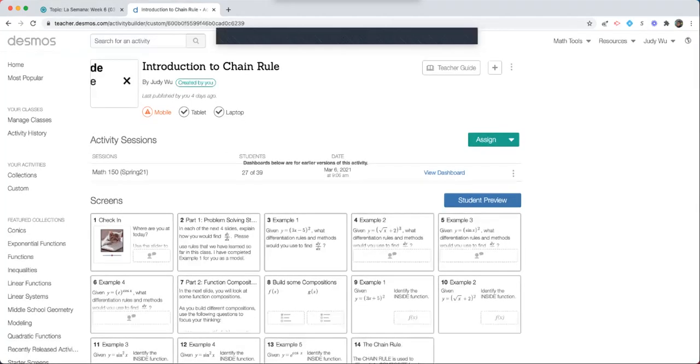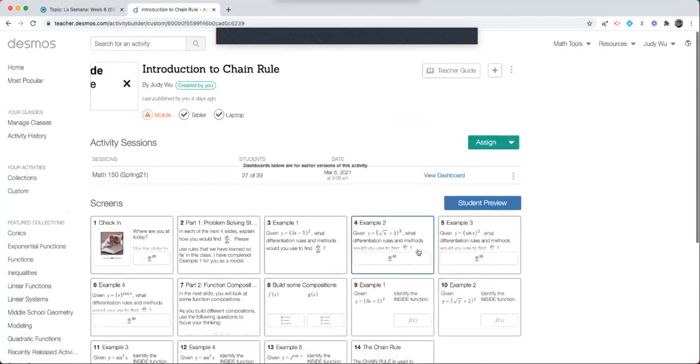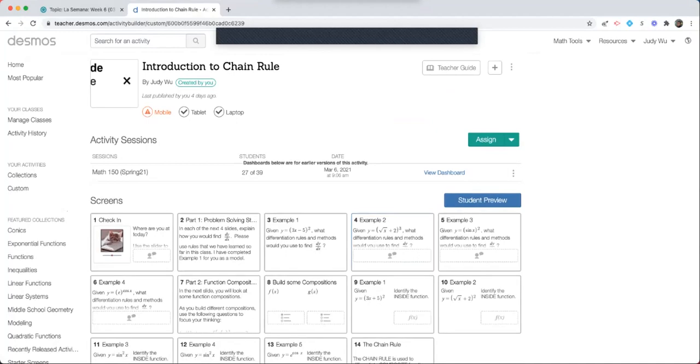My apologies, I don't know why there are different versions. I didn't think that could happen in Desmos, but apparently it did. So, okay. With that, let's hop into the notes for today. I think we've got the screen sharing working again. Let's give it a go.